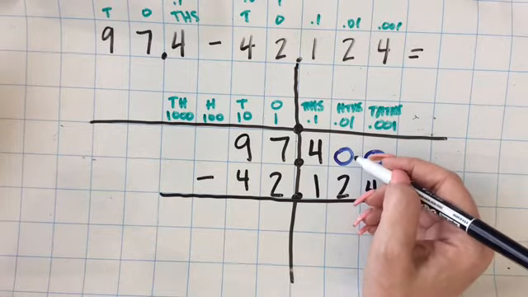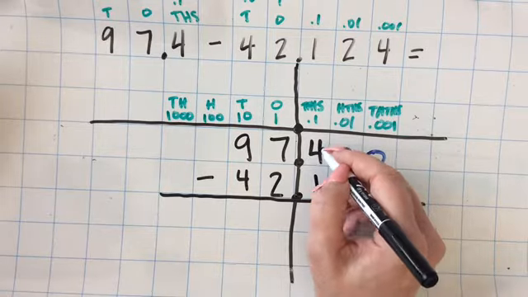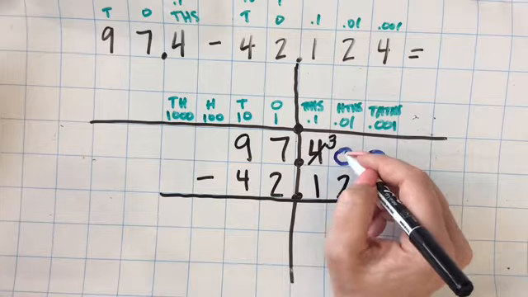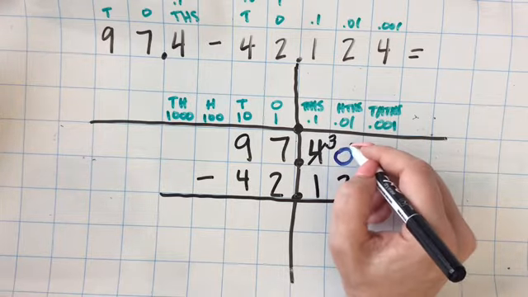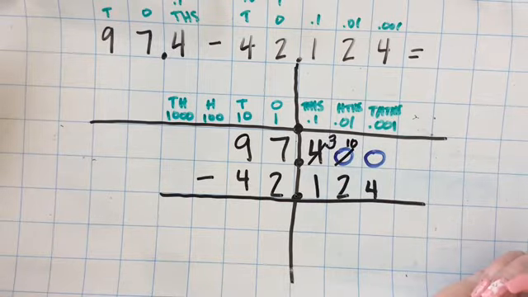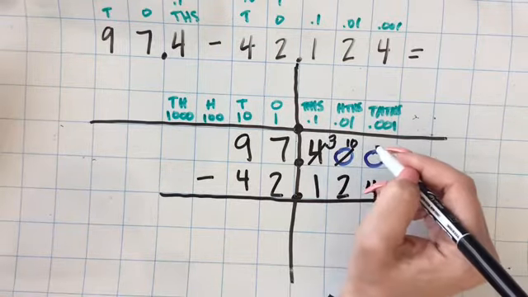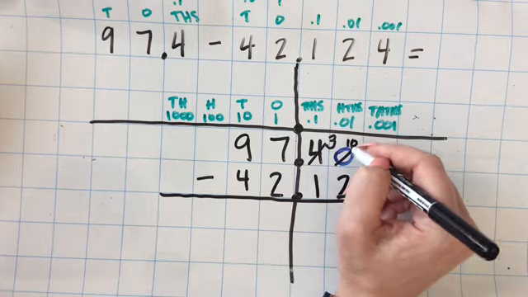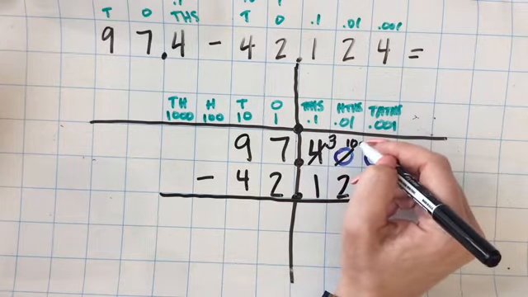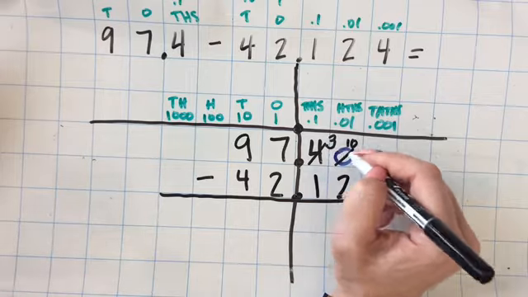So that's going to leave me going to my tenths. So I'm going to take one of these tenths to regroup. Now remember, when I come over here, that's going to give me 10 hundredths, because I took 1/10, and I get 10 hundredths for that 1/10.